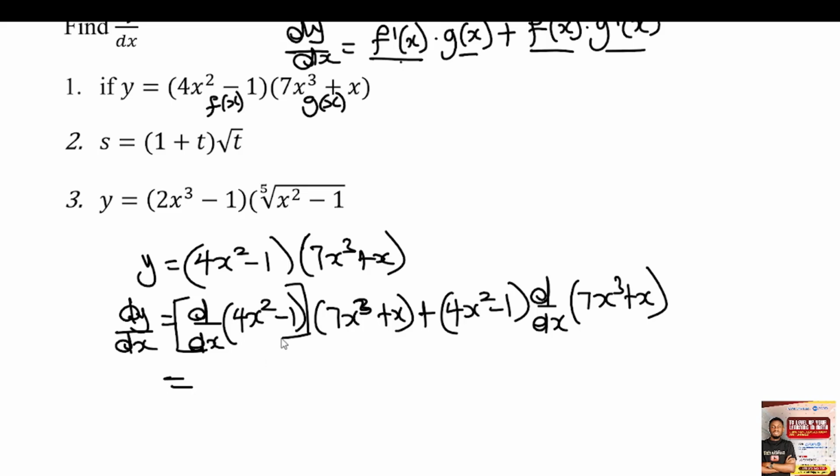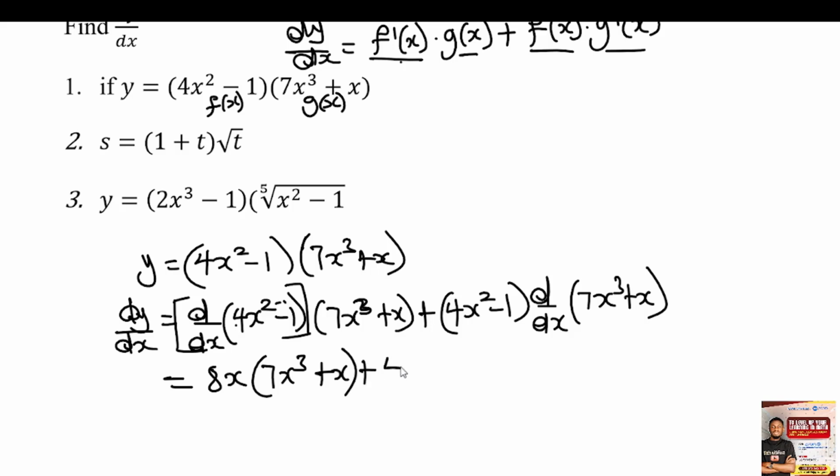So we are going to have differentiation of the first one is 2 times 4 giving us 8. Then you subtract 1 from the exponent giving us x. So 8x. So the derivative of 1, or the derivative of a constant, is 0. So we are going to have 8x times 7x cubed plus 6.